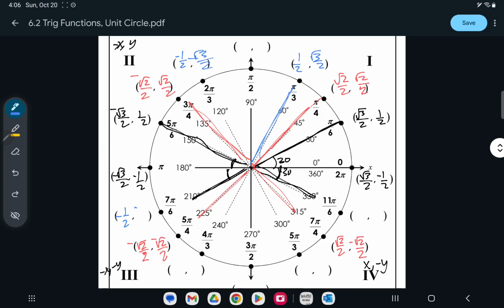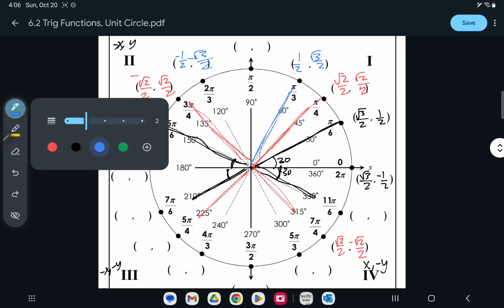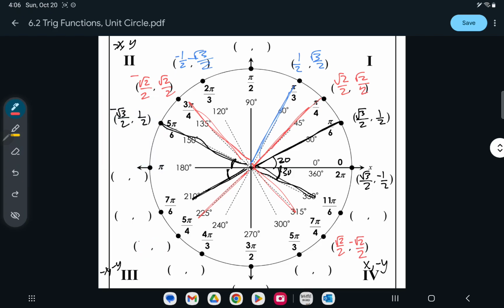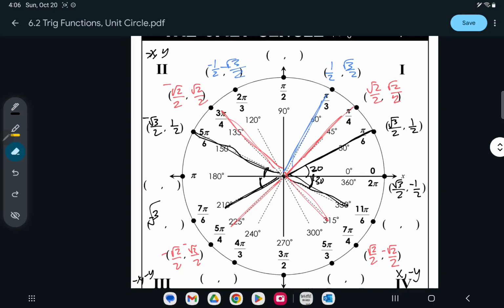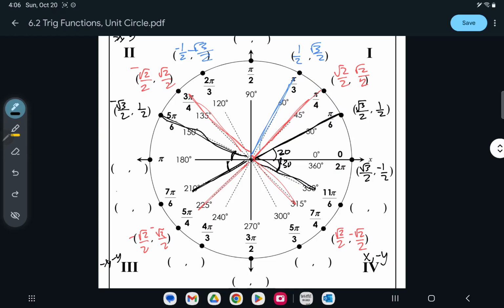Oh, I have these shifted. Silly. The middle goes here, root 2 over 2, root 2 over 2. This one should be negative root 3 over 2, 1/2.